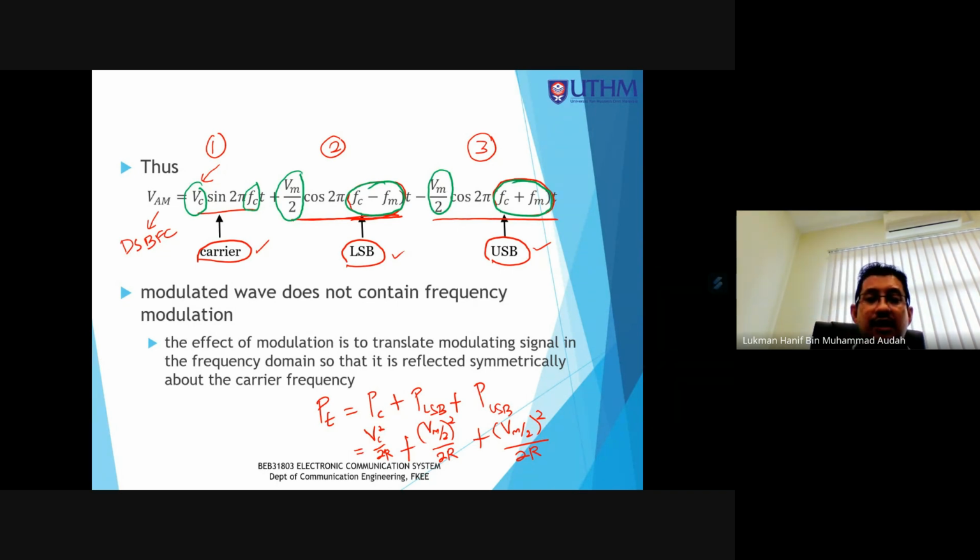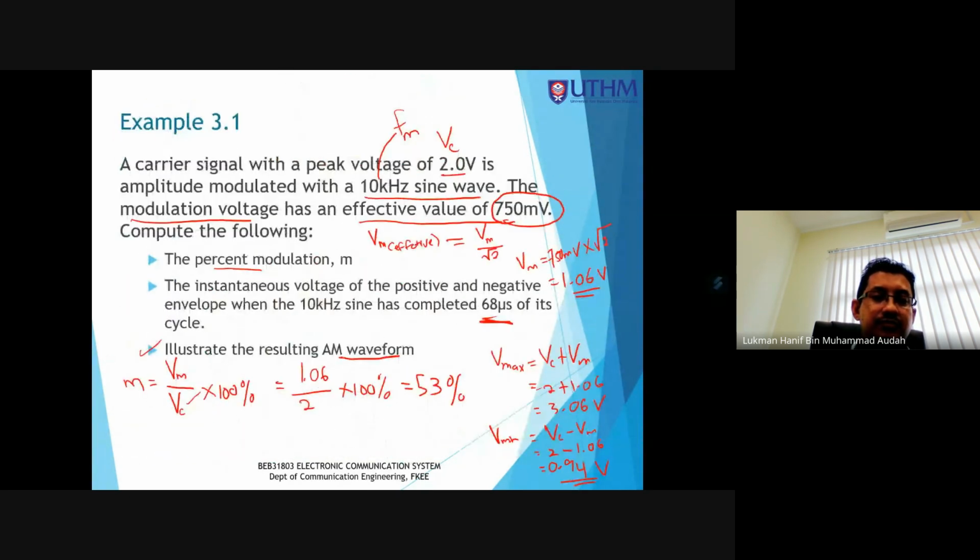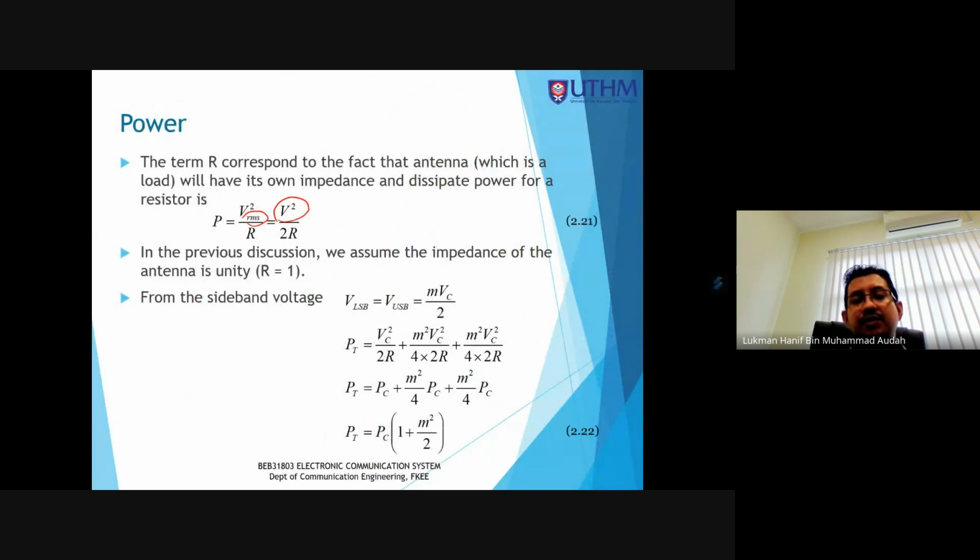If we go back to the slide, this is for the double sideband full carrier, where we have the three components.